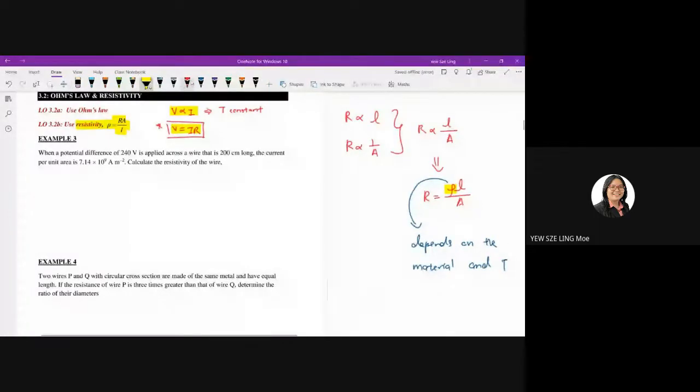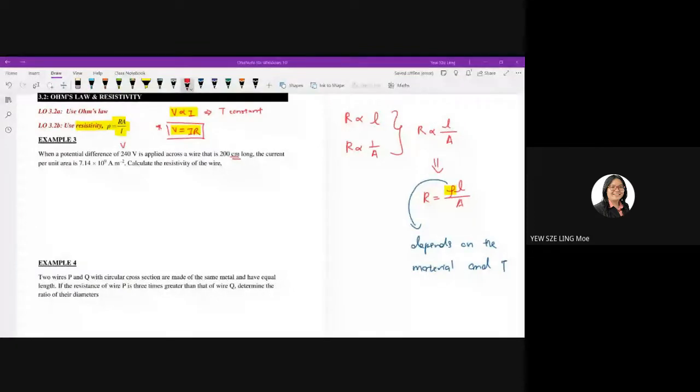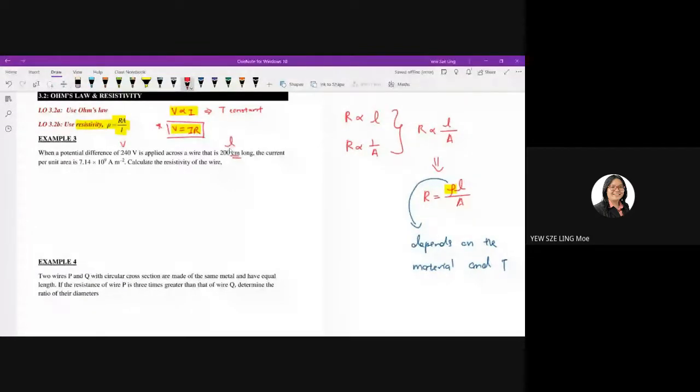So example 3: when a potential difference V equals 240 volt is applied across a wire that is 200 cm long. Again, this is not an SI unit, so you need to change it into SI unit. This is a wire that is 2 meter long.